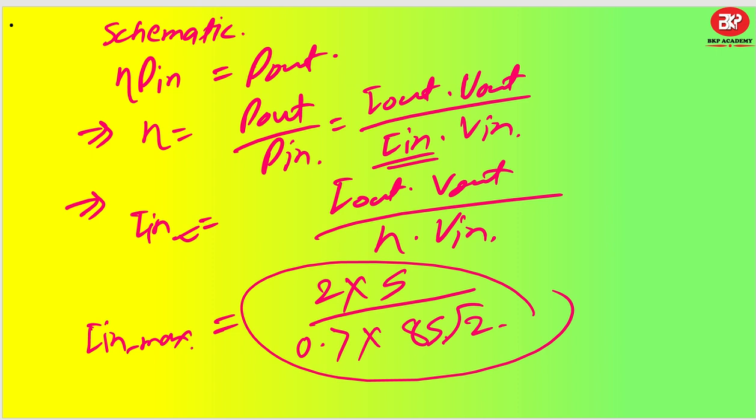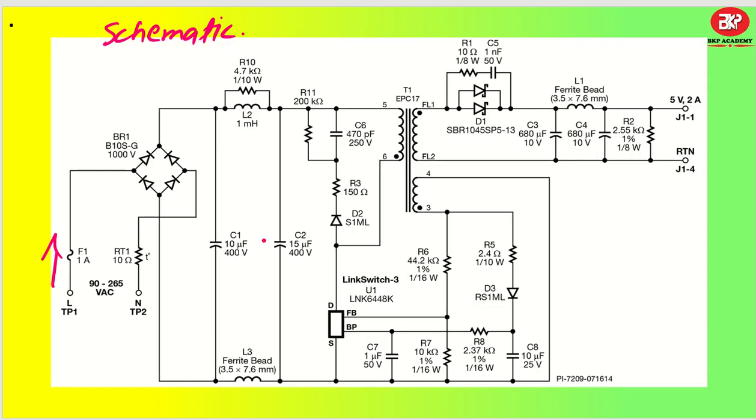This is how you will get a value, let us say 0.2 ampere. So you need 0.2 ampere at the input maximum, or even lesser than that. This is how we are going to decide the ratings of each of the parts at the input side. Good. With this we are going to select one fuse with 1 ampere rating.